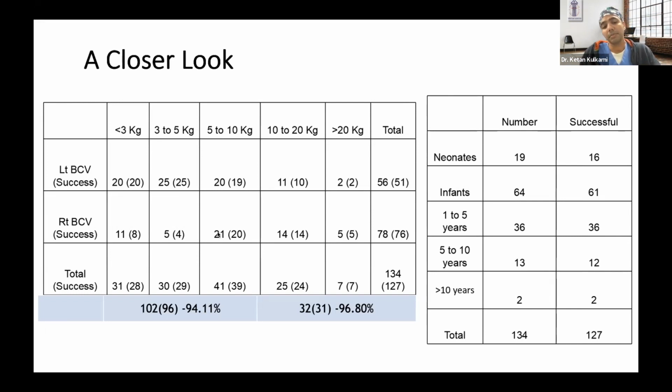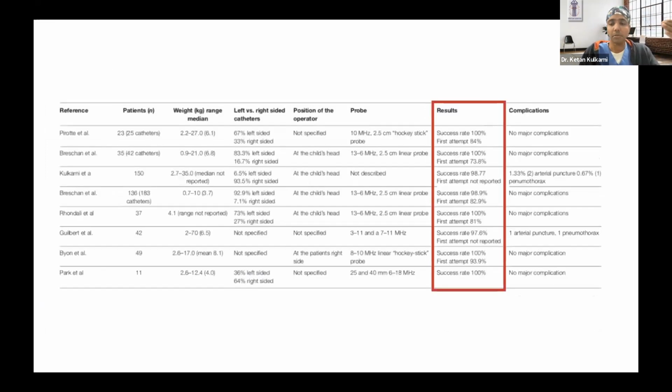So the varied success rate, you might blame it on that. However, when we compare this to the already published literature, the first attempt success rate in brachiocephalic vein cannulation is more than 80%, and the overall success rate is almost 100%. And in all the studies, they have said that the left side is easier to do.